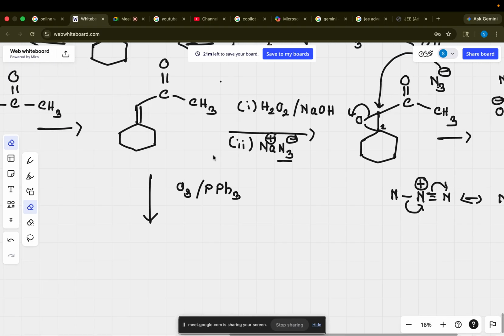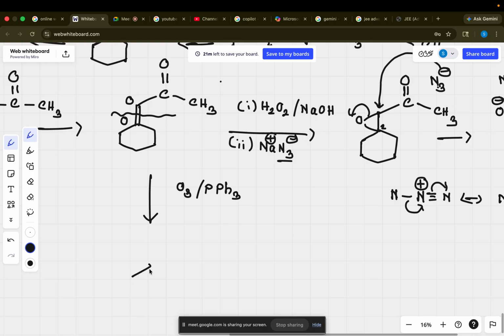Now do this. If you do ozonolysis of this compound, what could be the product? Ozonolysis means just break the double bond, then attach one oxygen to this side and one oxygen to this side.